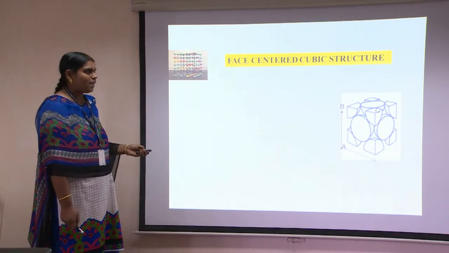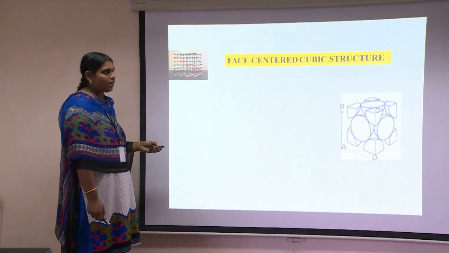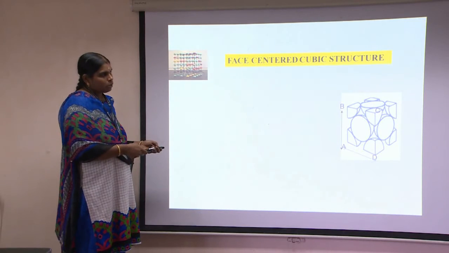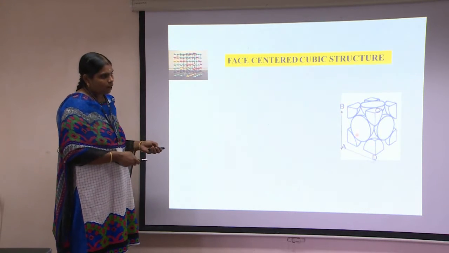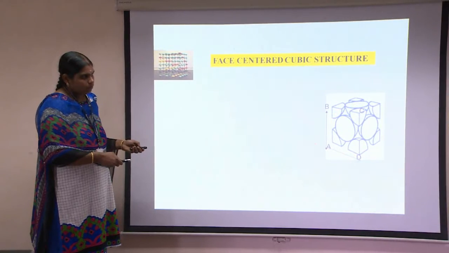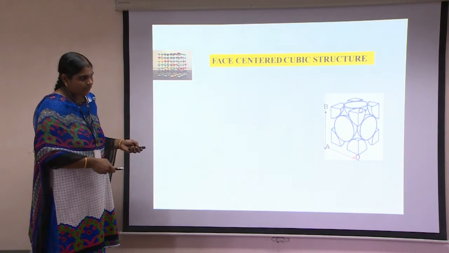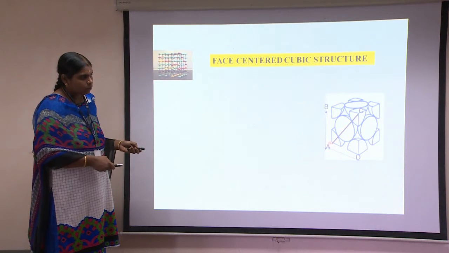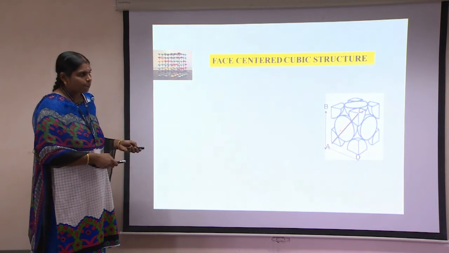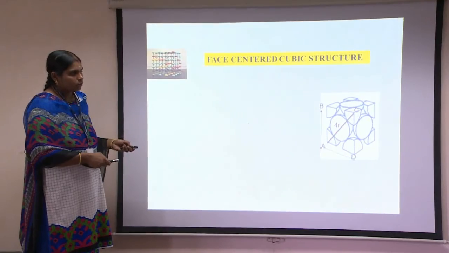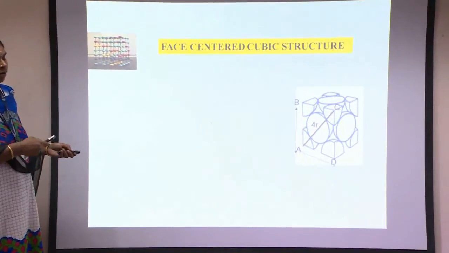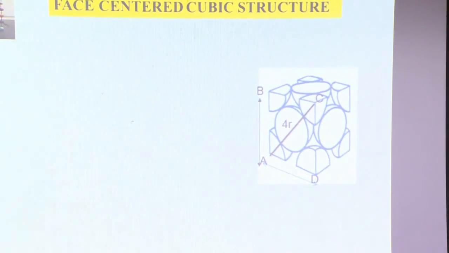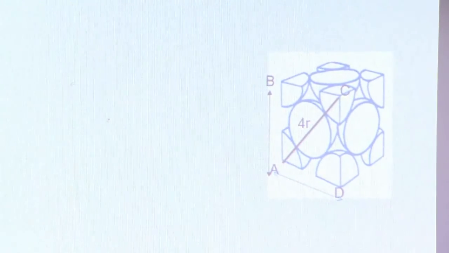It is quite easy to calculate the atomic radius for an FCC structure when compared to that of a BCC structure. Here we are considering one face, which is ABCD. In this face we draw a diagonal which connects A and C. As we saw in our previous explanation for BCC, what is the distance between A and C?